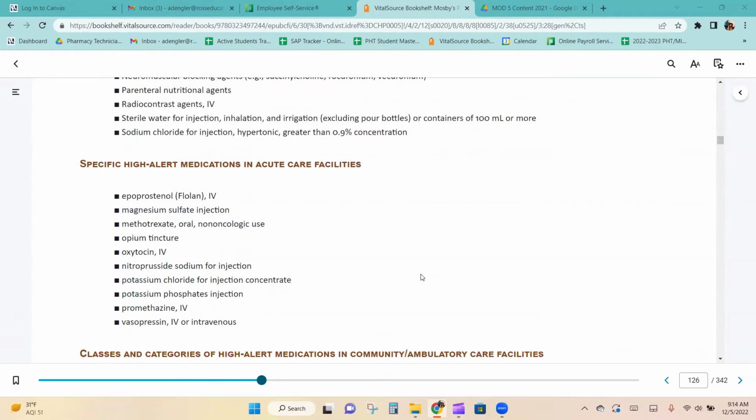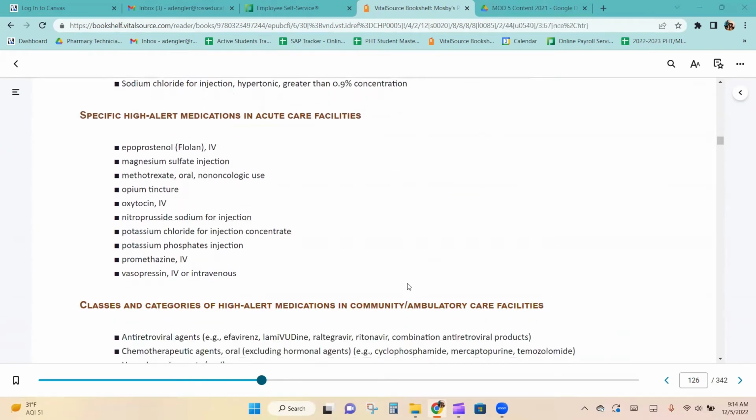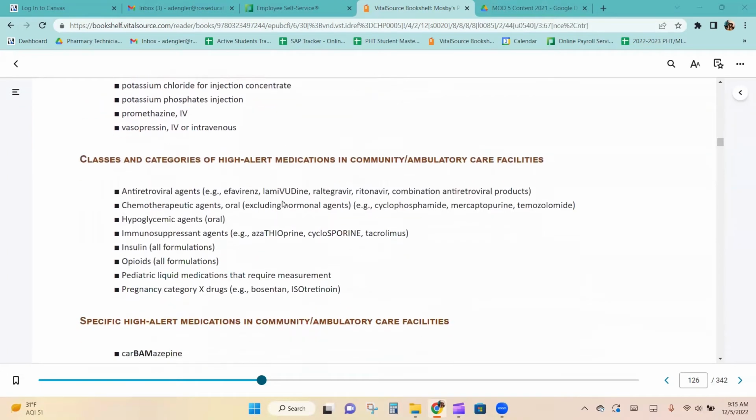And then we have specific high alert medications in acute care facilities. So magnesium sulfate injection, methotrexate oral for non-oncologic use, so not for cancer, opium tincture, oxytocin, promethazine, and many more.